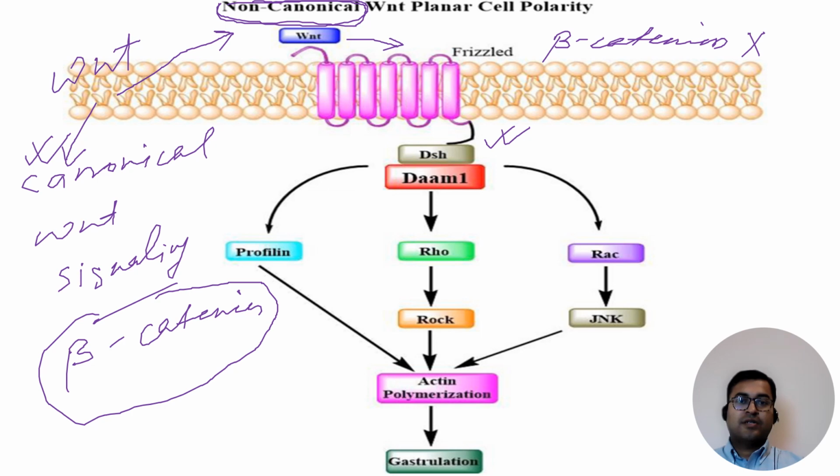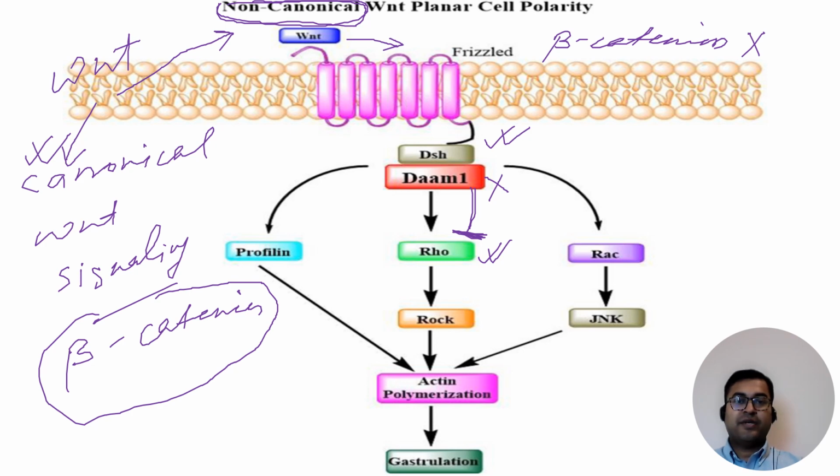Now this recruitment of Disheveled protein suppresses the protein DAAM1. DAAM1 is actually the inhibitor of Rho. But when DAAM1 is suppressed by Disheveled, Rho is free.